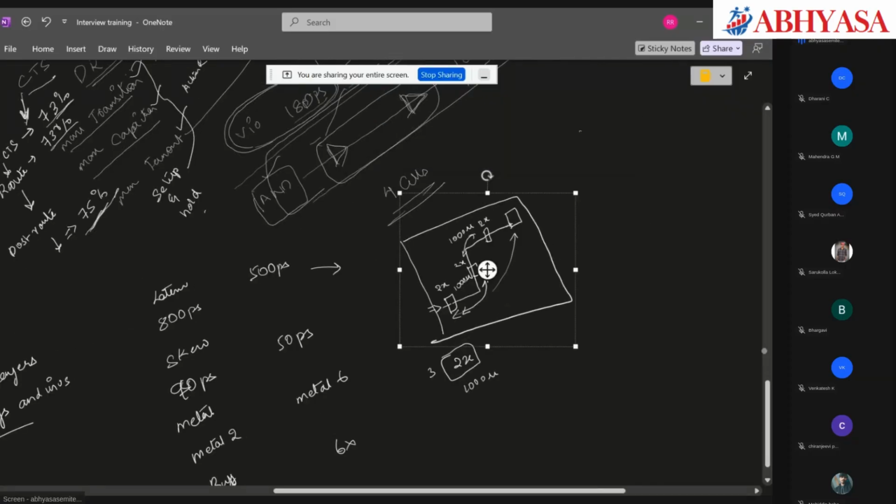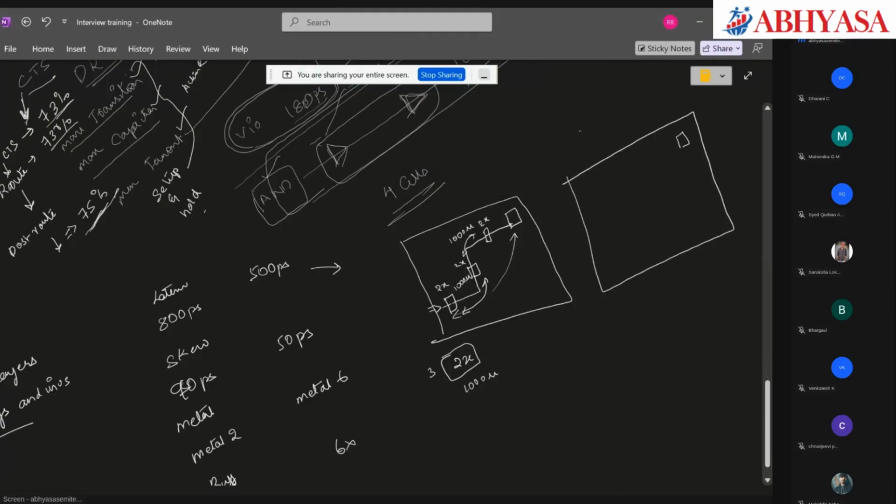In the next case, I asked the tool to reach my sync pin in 500 picoseconds, which means it has to reach faster. So definitely it has to use bigger cells, 6x, and it cannot use long nets. So every 800 microns, it has to use a bigger cell. Let us say it used 4 6x buffers at 800 microns distance.